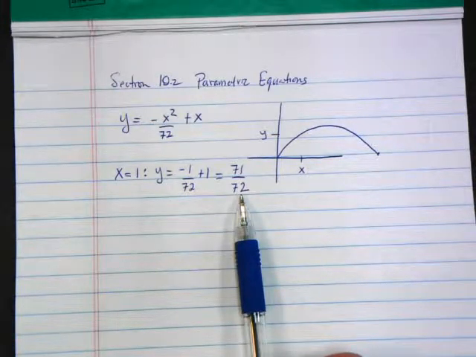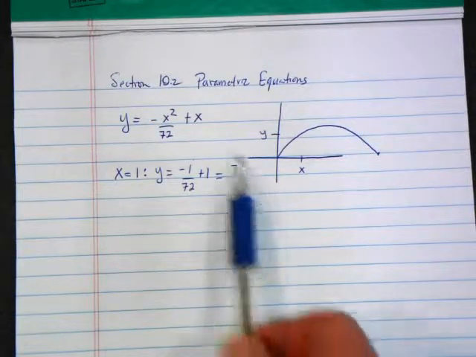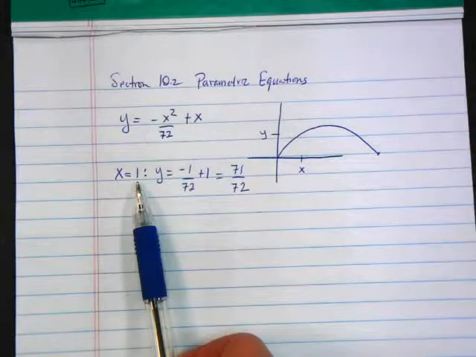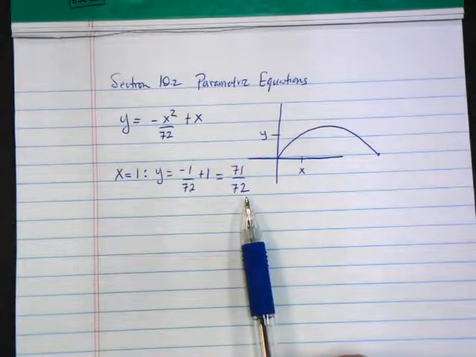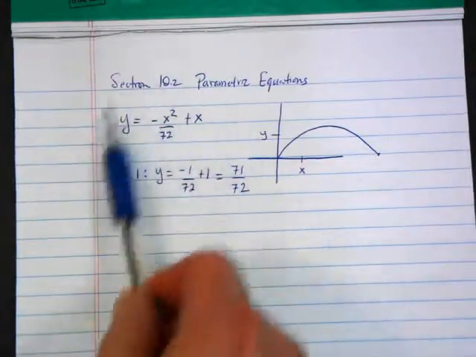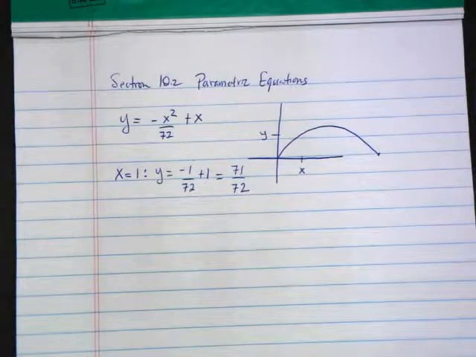But what it doesn't tell you is, when did that happen? How much time did it take for the object to get 1 foot downfield and 71 over 72 feet up in the air? And that's where parametric equations come in. This same equation we write in parametric form.